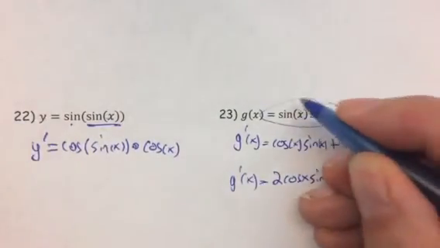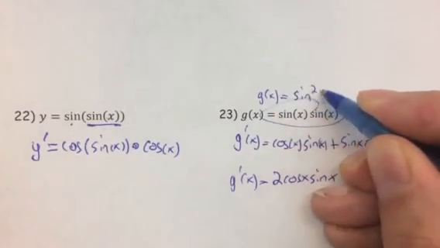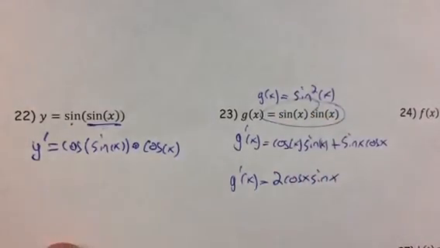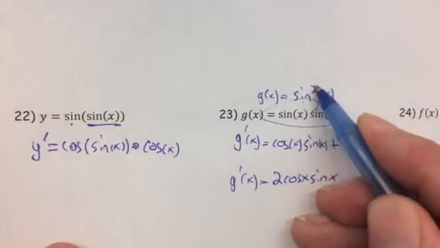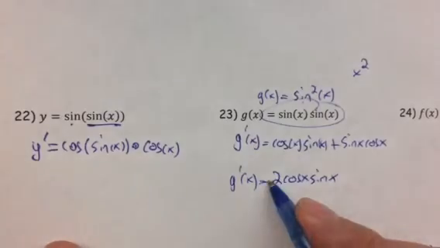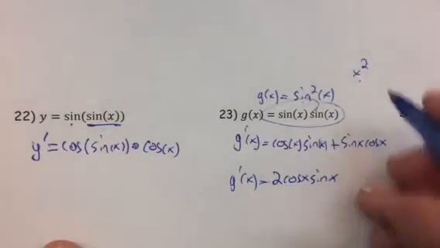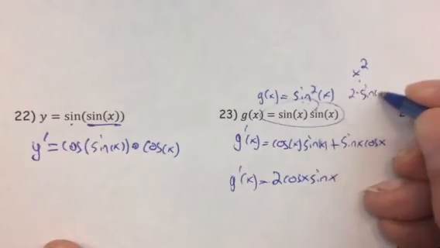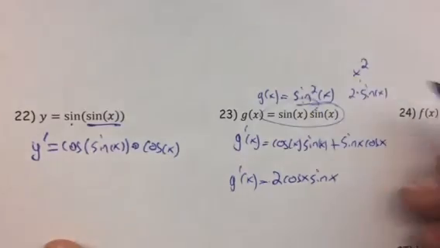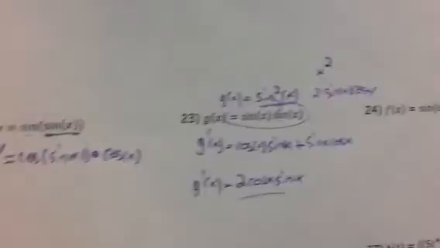Sine of x times sine of x, another way to write this is sine squared of x. And now this is a chain rule thing. It's something being squared, and the derivative of something being squared is 2 times that something. So 2 times sine of x times the derivative of sine of x, which is cosine of x. And that gets us the same answer.